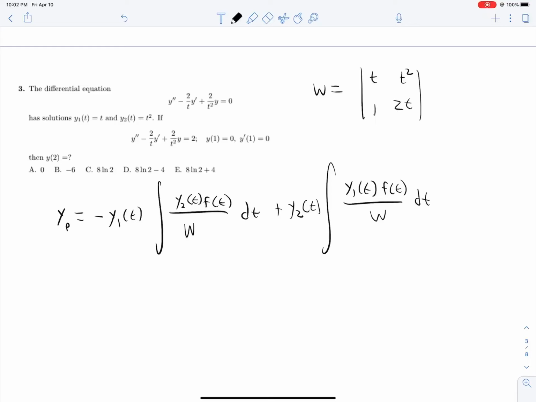This will give us AD, the A term, times the D term, 2t squared, minus t squared. So our Wronskian is t squared. So let's go in both of these and replace these with t squareds. Additionally, we can plug in all of our y1s and y2s. Our y1s are t, and our y2s are t squared.